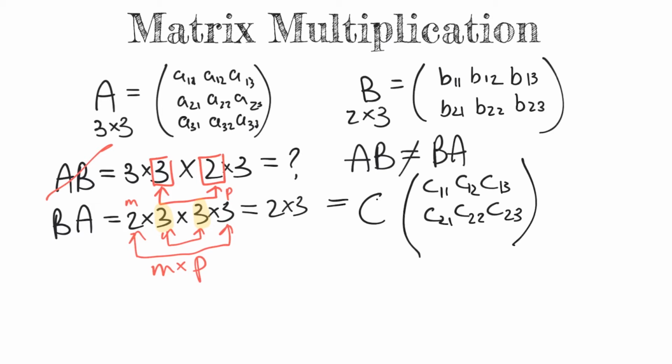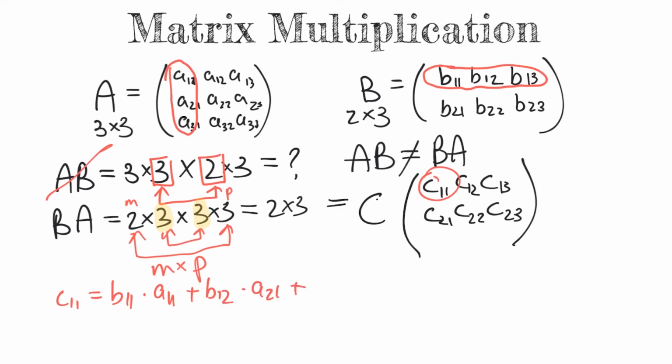So how do we obtain, let's say, C11? This element is going to be the dot product of the first row of the matrix B and the first column of matrix A. So C11 equals B11 times A11 plus B12 times A21 plus B13 times A31.